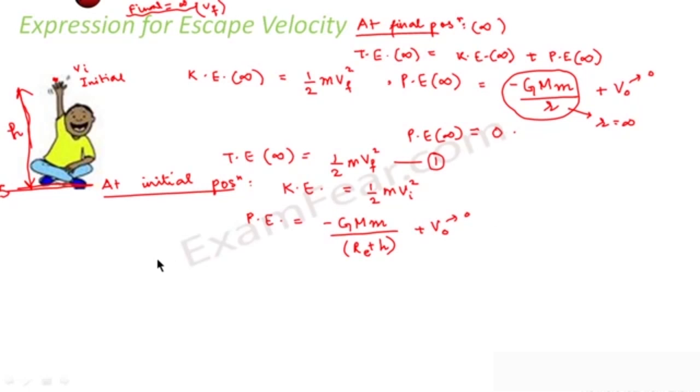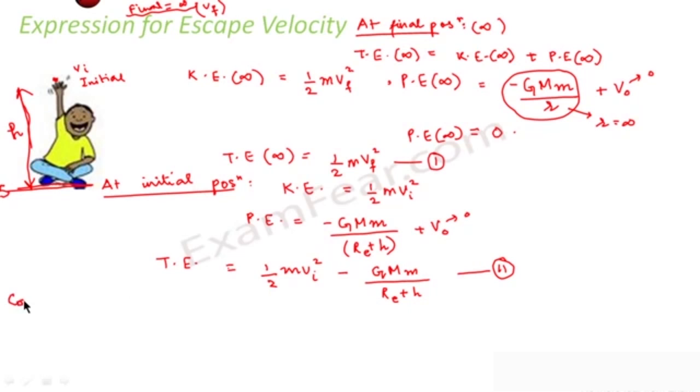So this is the potential energy. Therefore, at the initial position, the total energy is equal to half m vi square plus minus G m1 m2 by Re plus h. So this is the second value, the total energy at the initial position.